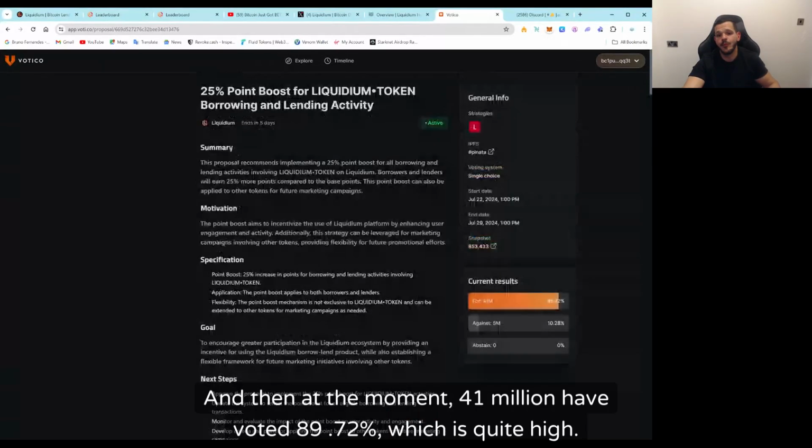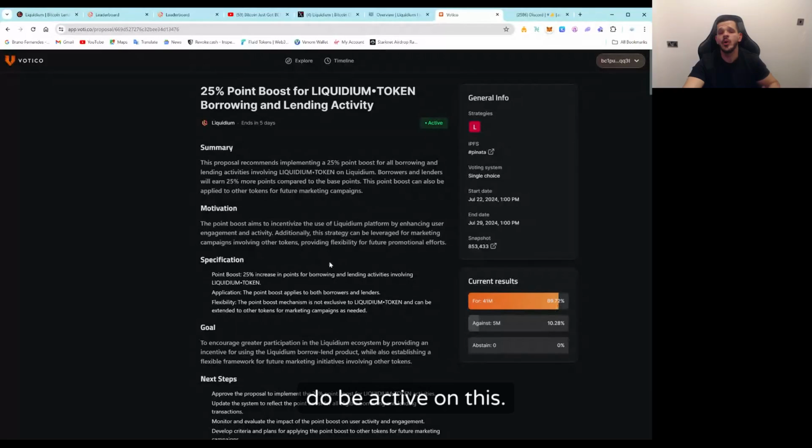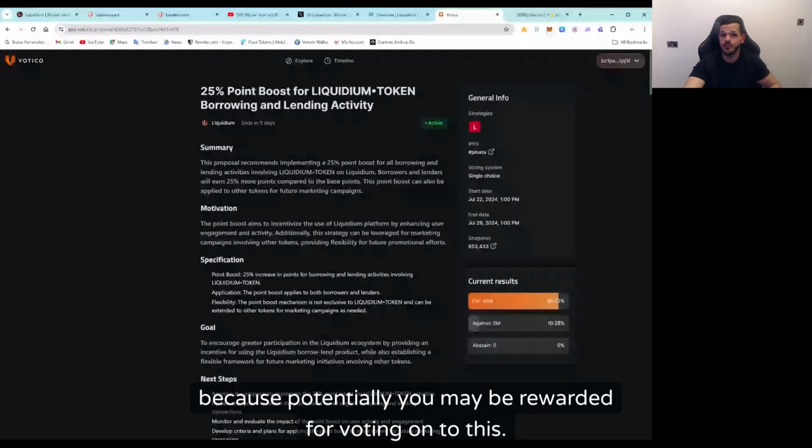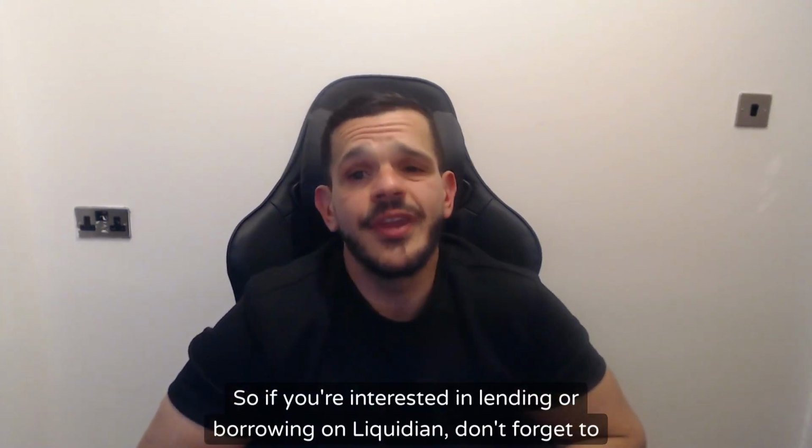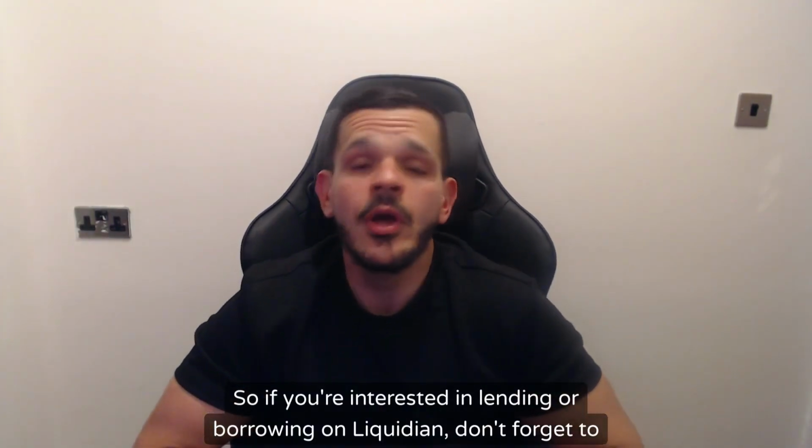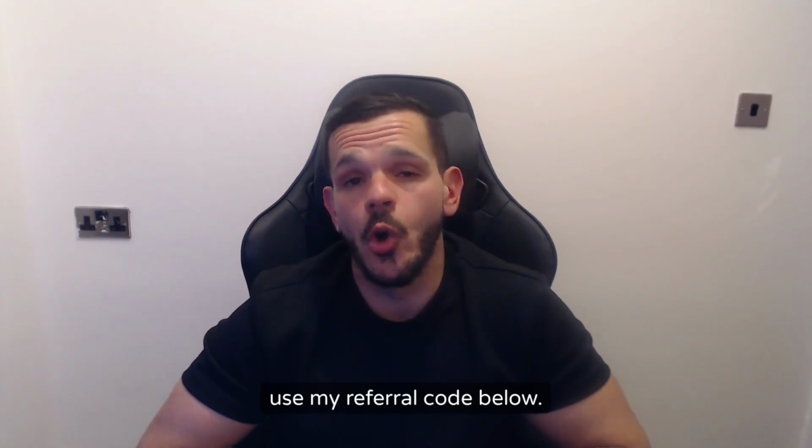At the moment, 41 million have voted 89.72%, which is quite high. Do be active on this because potentially you may be rewarded for voting on this. Have a mess around. If you're interested in lending or borrowing on Liquidium, don't forget to use my referral code below.